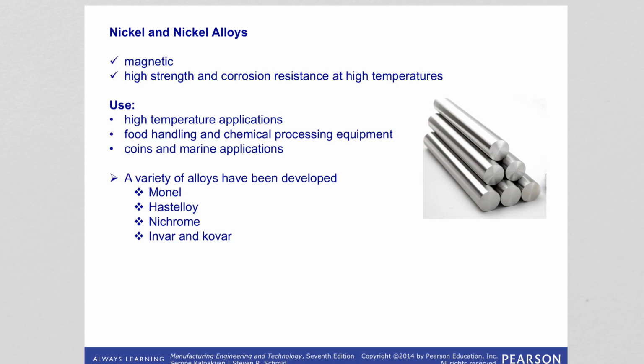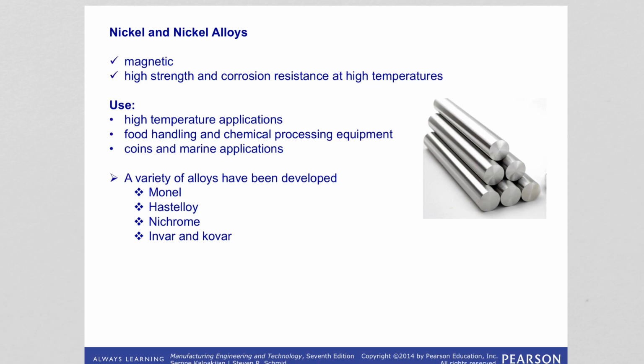Okay, so these alloys are given by their trade names. Monel is a nickel copper alloy. Hastelloy is a nickel chromium alloy, with good corrosion resistance and high strength at elevated temperatures.